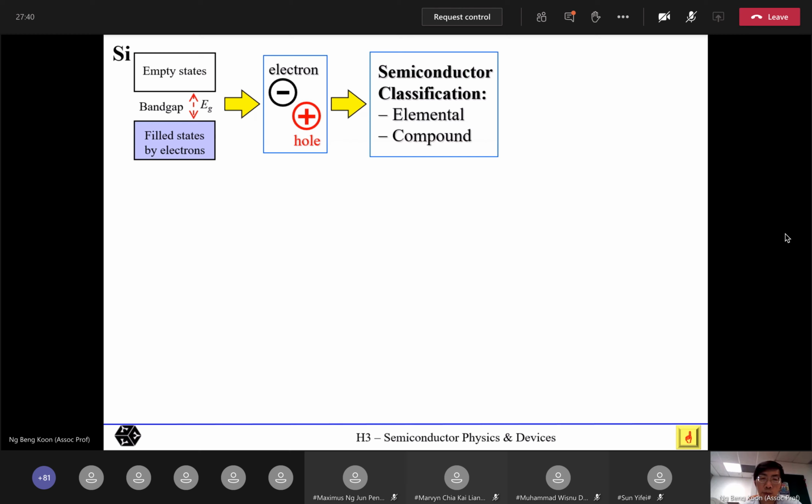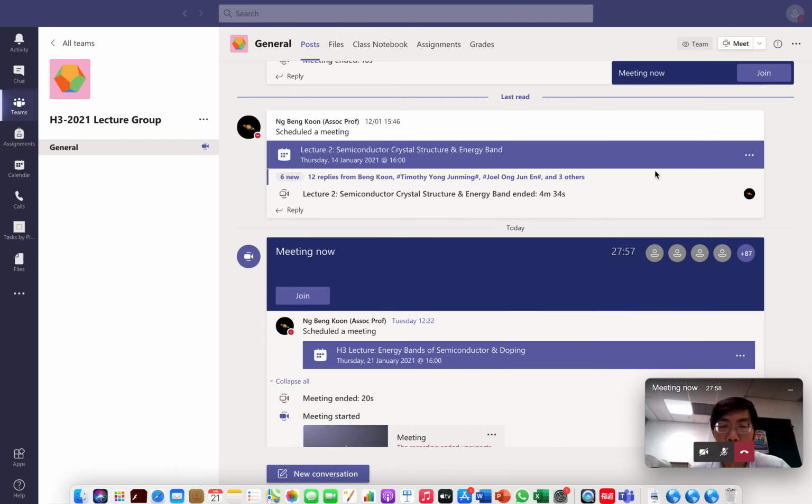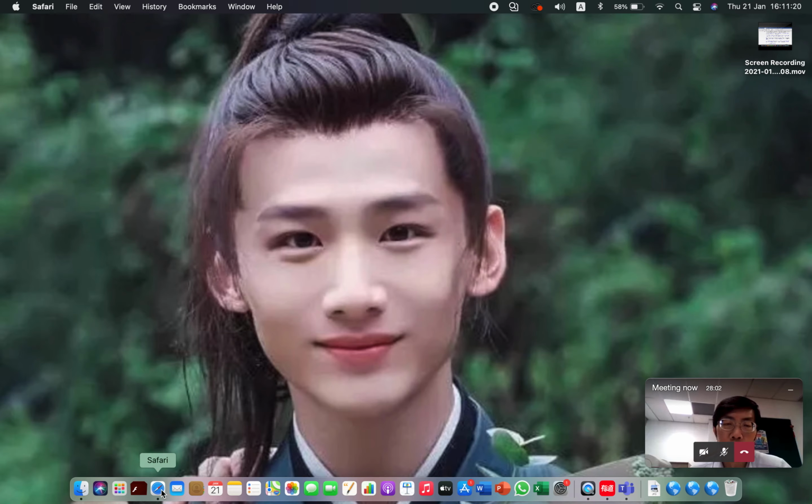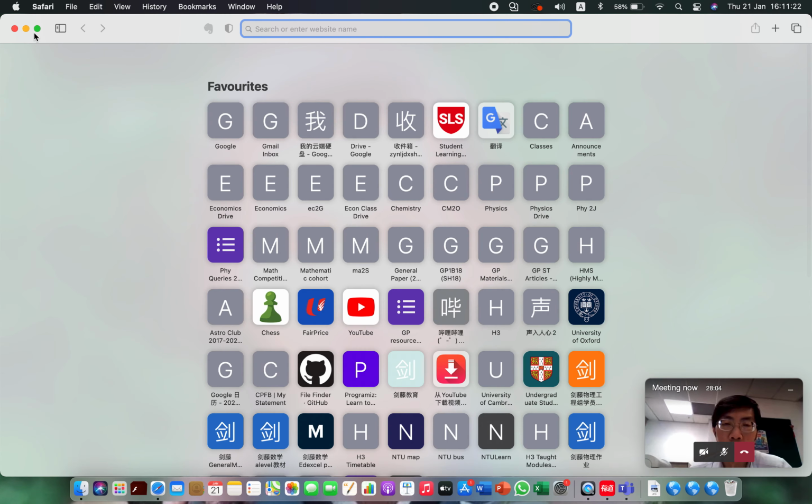Those that contain more than one element, two and above, are considered compound semiconductor materials, so things like gallium arsenide, indium phosphide, gallium nitride. There can also be 3 to 4 elements being used. So it depends on what sort of property you need for your application, and generally you choose those that suit your specific application.